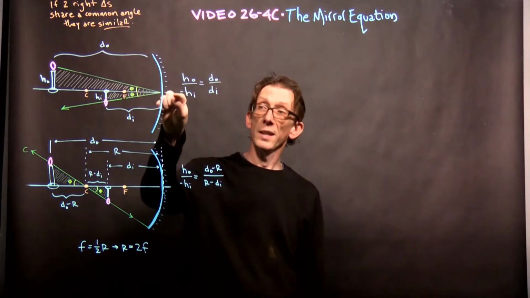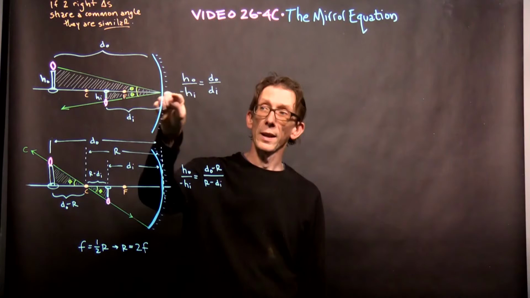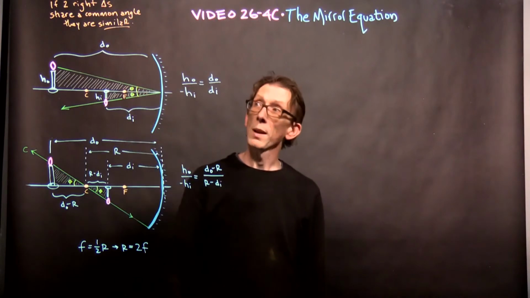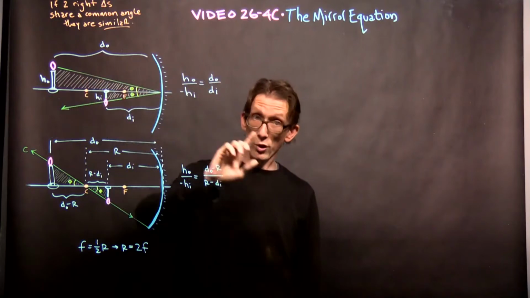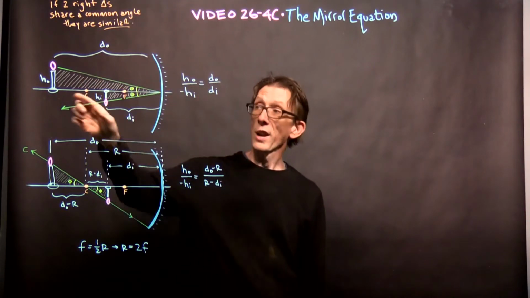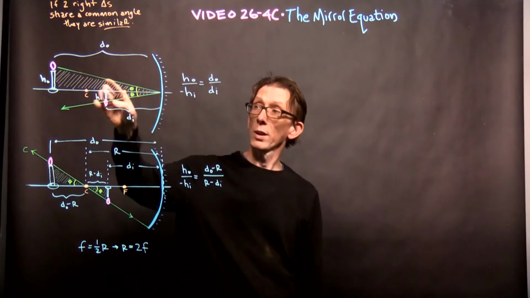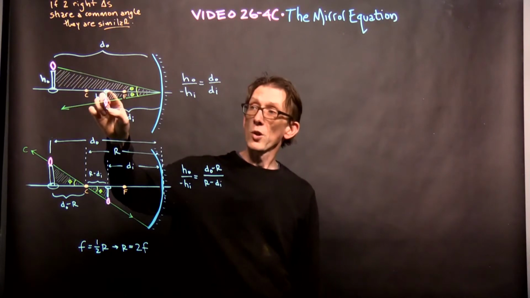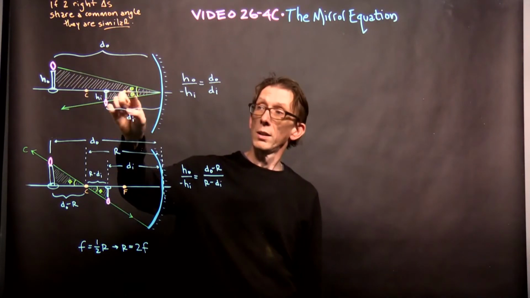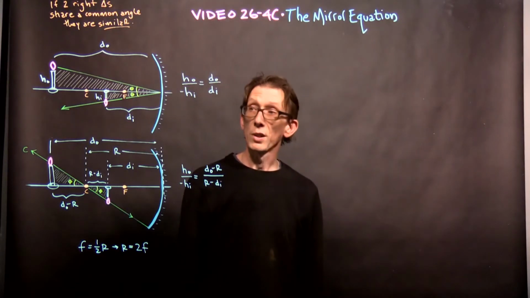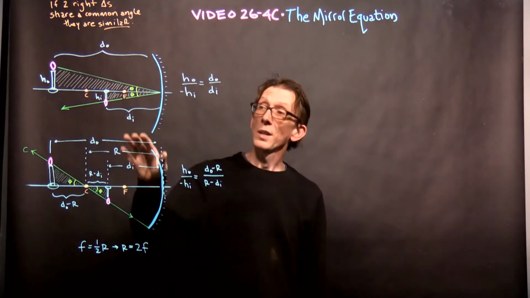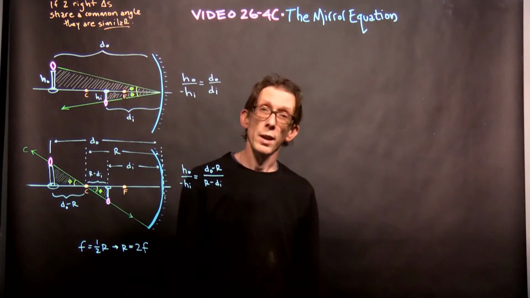The principal axis is, in this case, our normal reference line. So those 2 angles are the same. So both these triangles, which triangles, you ask? The shaded ones. Inside this long triangle here, it's all shaded, and in this shorter triangle here, it's all shaded. Those 2 are similar triangles because they're both right triangles, and they both share a common angle theta. So they are similar.